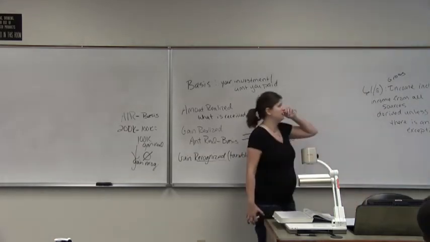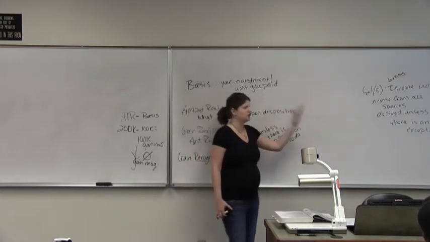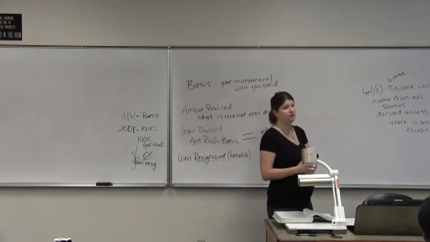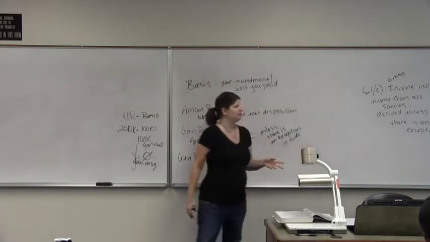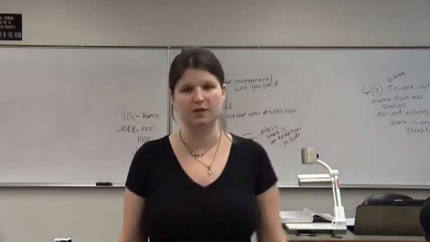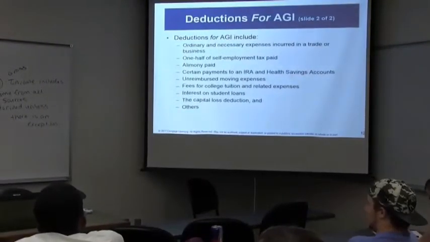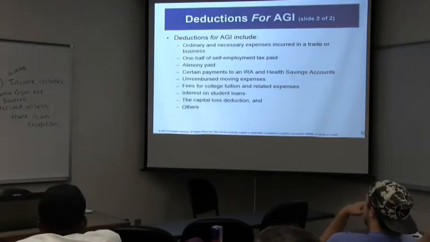These are some common above-the-line deductions, or for AGI deductions, which we just saw when we looked at our 1040. This is on slide 12. I'm going to move the camera a minute. There we go. Slide 12, deductions for AGI.